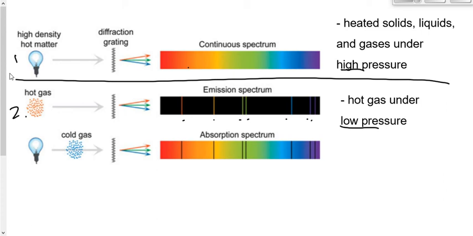Now, if we go to diagram number three, we're back to our first diagram, our reference diagram, but we also have a cold gas in the mix there. When we have a cold gas, all that's going to do is change a continuous spectrum into what we call an absorption spectrum, because that cold gas absorbs certain photons, certain frequencies of EMR, causing electrons to jump to higher levels.